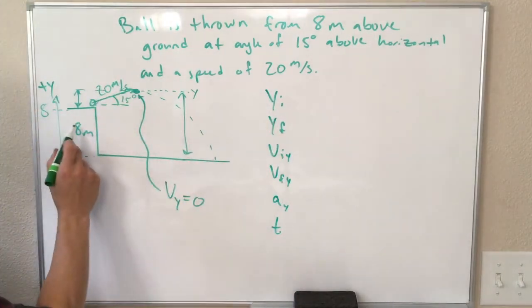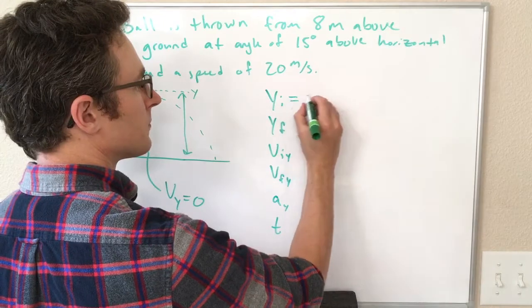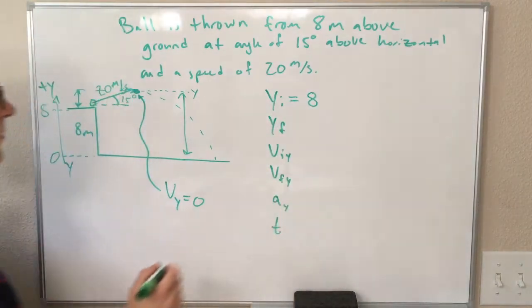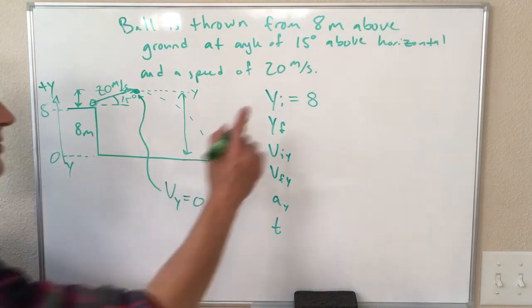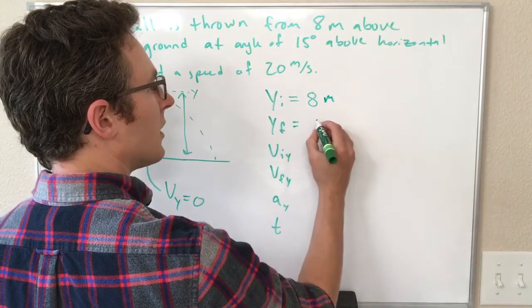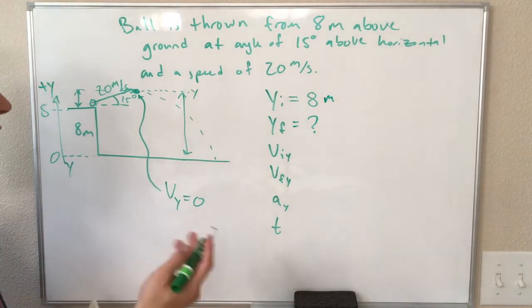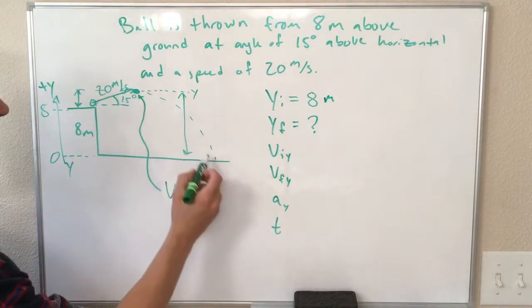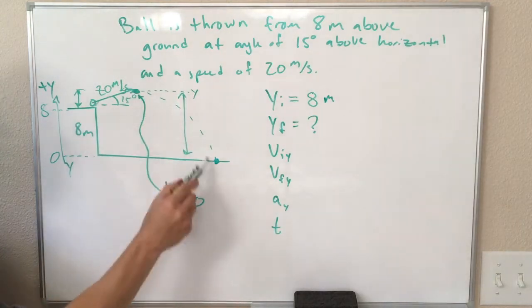Okay, so y initial: we're calling the ground y equals 0, and this starts at a height of 8 meters. Y final is tricky because the final height of the ball, of course, is 0. But for part A, we're not interested in what's going on over there.